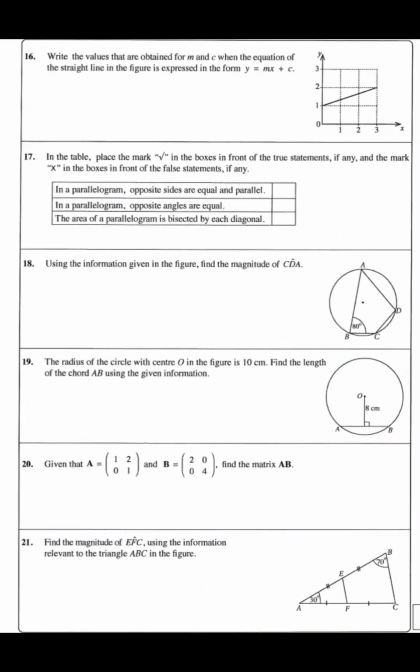19th question: the radius of the circle with center O in the figure is 10 centimeters. Find the length of the chord AB using the given information.